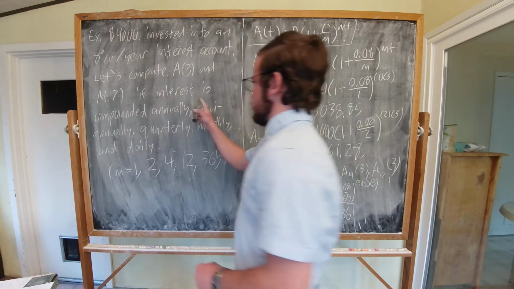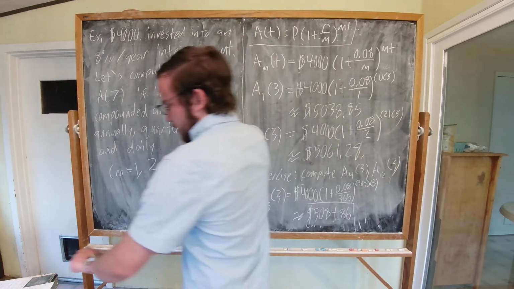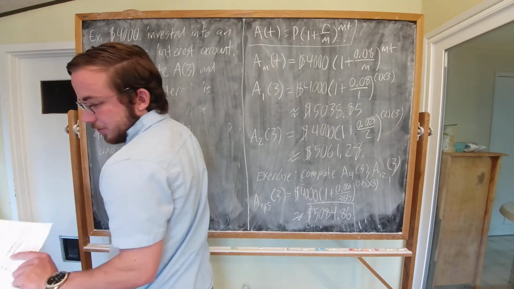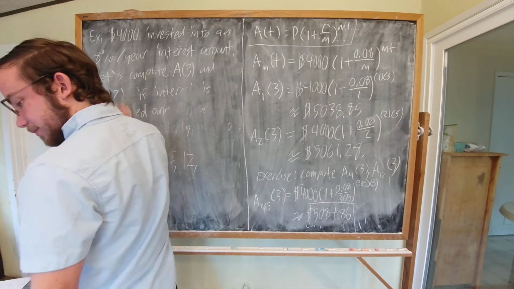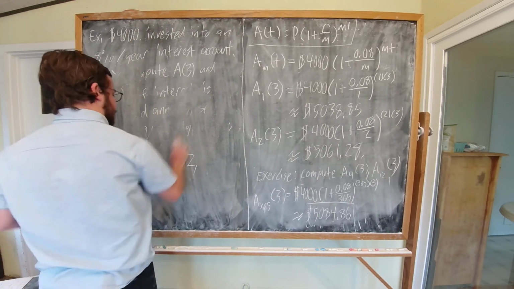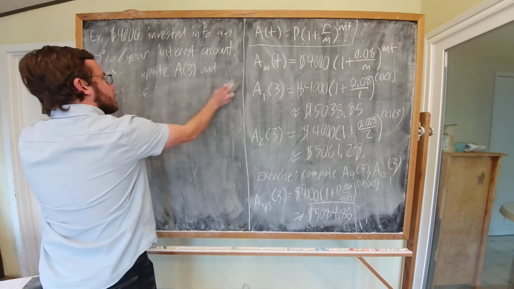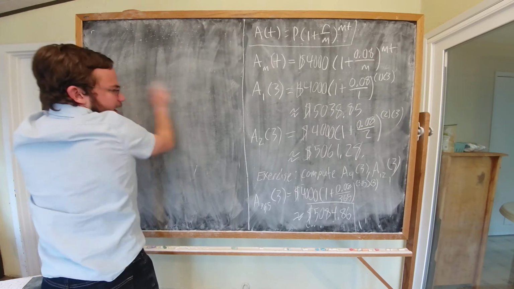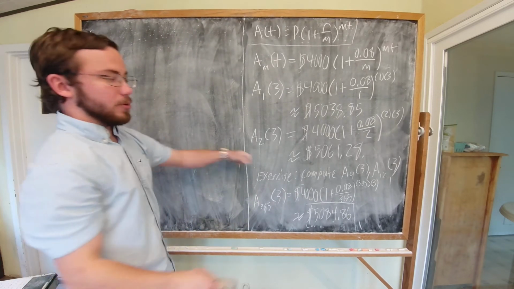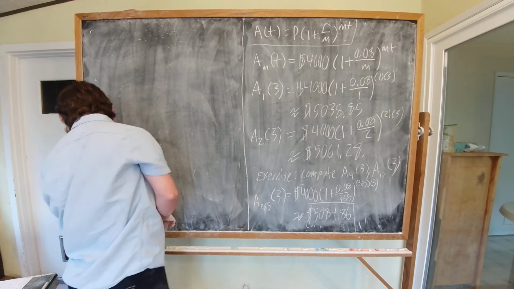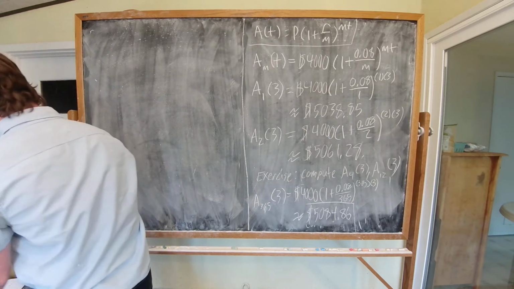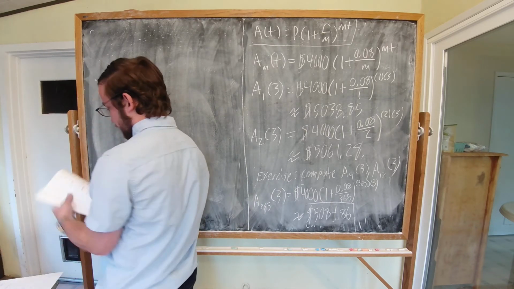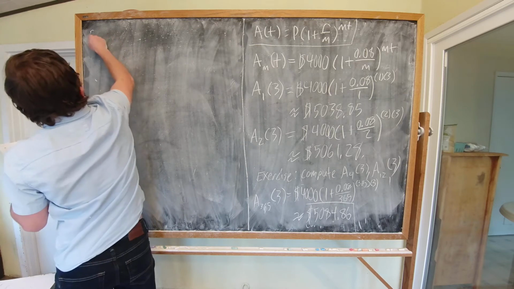Alright, I said we should also do it for A of 7. Let's do a couple of those. In fact, let's do the same 3, and then as your exercise, you can also do a 4 of 7 and a 12 of 7. All right.